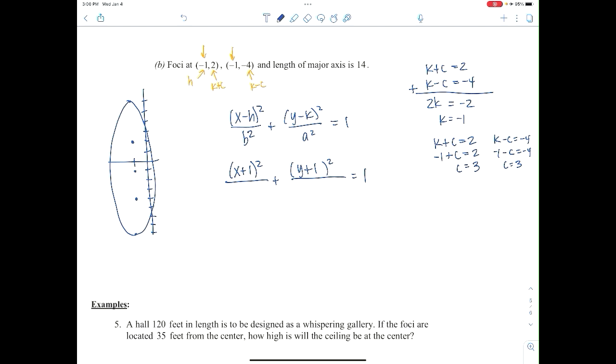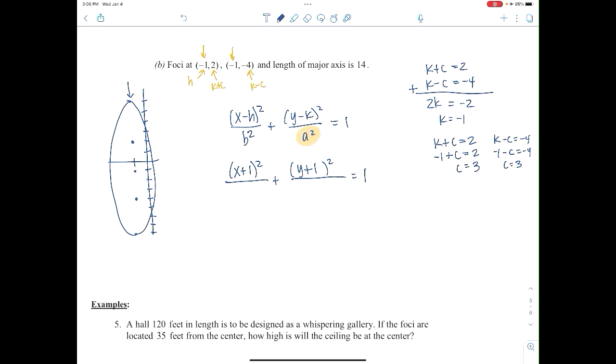So now, I'm just going to back up here and say we're given the a value, but in a roundabout way. Our a value, remember, is on our major vertex.